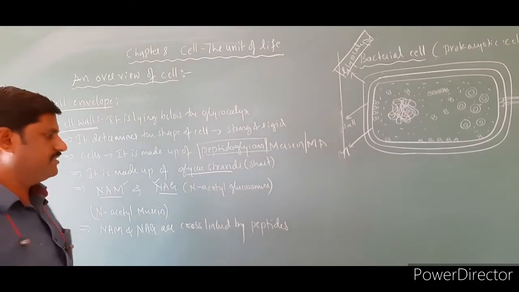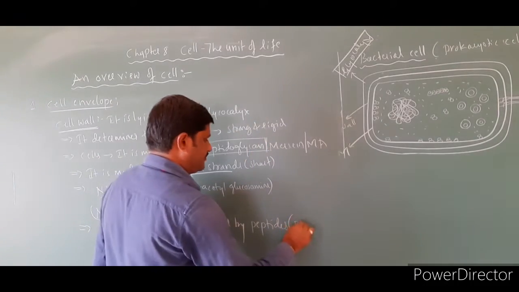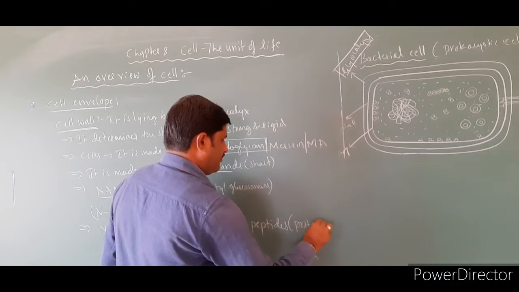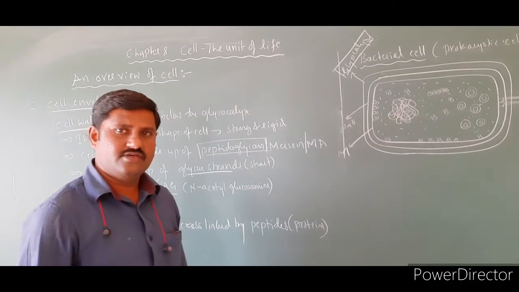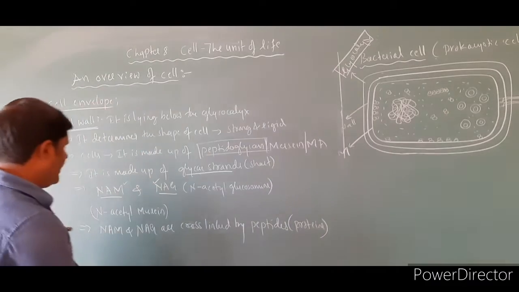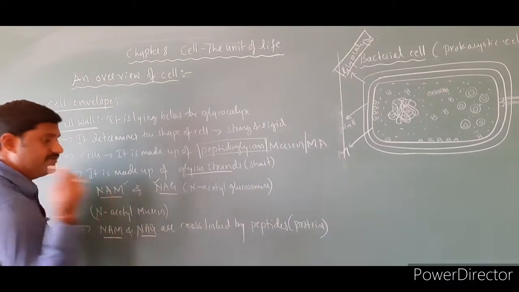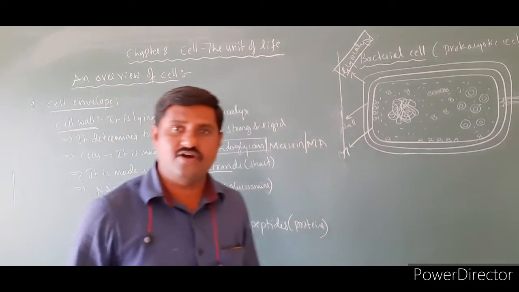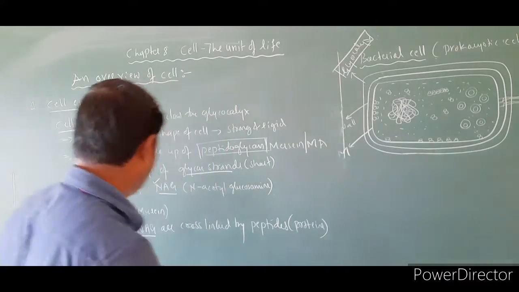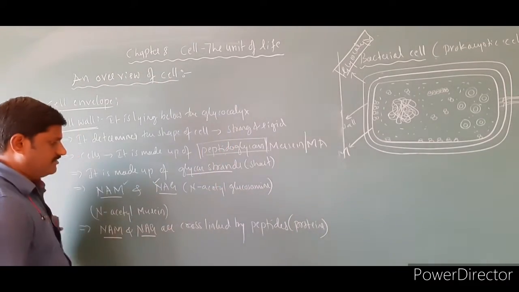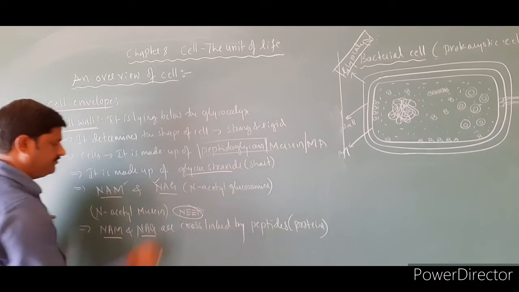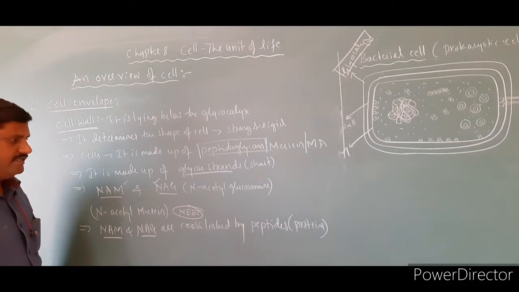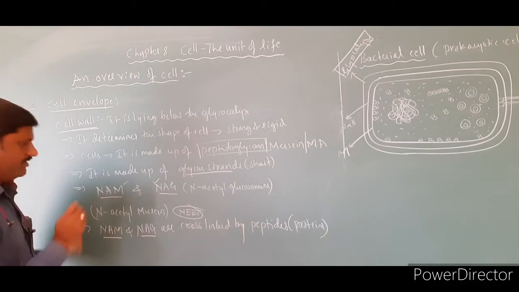Peptides are nothing but small proteins. As cross-links, they play a very important role in the formation of the cell wall of the bacterial cell. Remember this, it is very important for the examination: NAM and NAG.